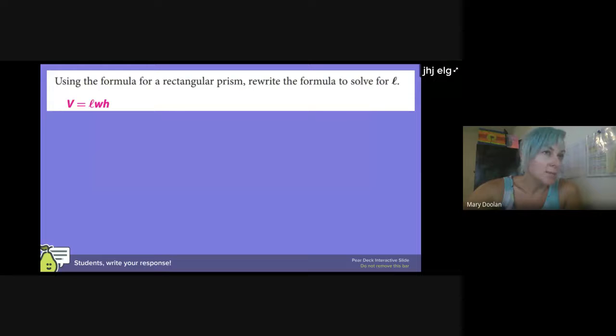So I'm seeing some correct solving as far as what you should do to both sides, but we're forgetting to keep the V uppercase. The V is the only letter that should be capitalized. L, W, and H should all be lowercase.